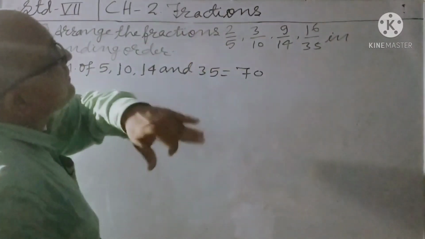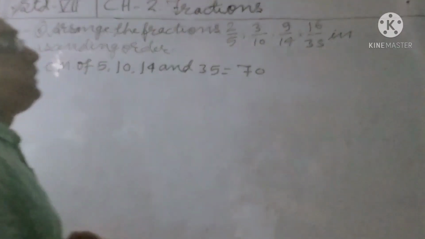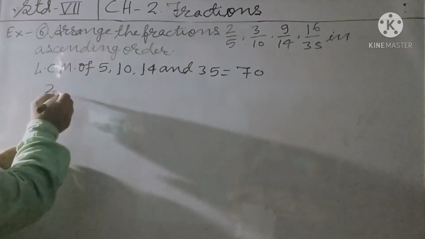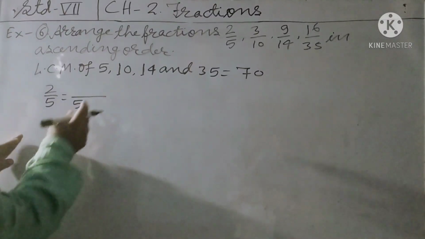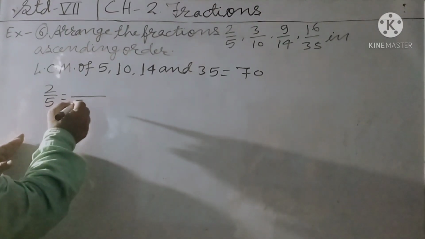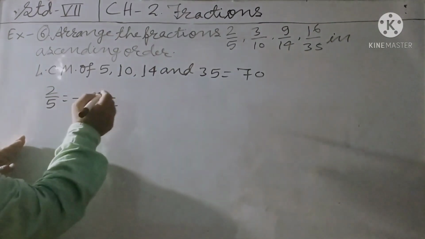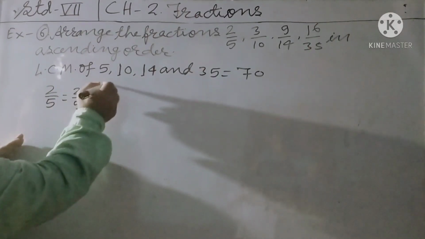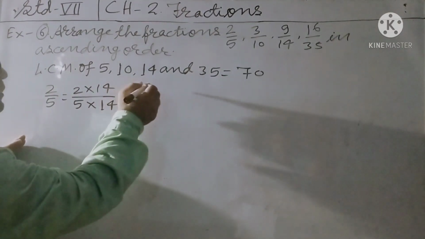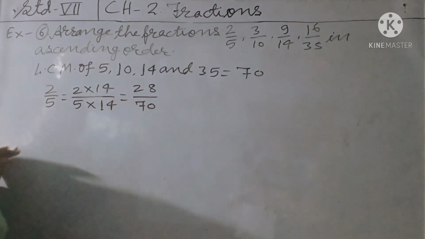Change all fractions into the same denominator. First fraction is 2 by 5. 5 changes into 70 by multiplying by 14, so 2 into 14 equal to 28 by 70.